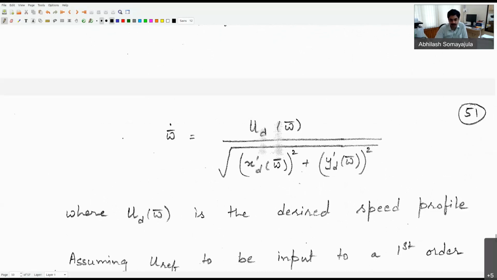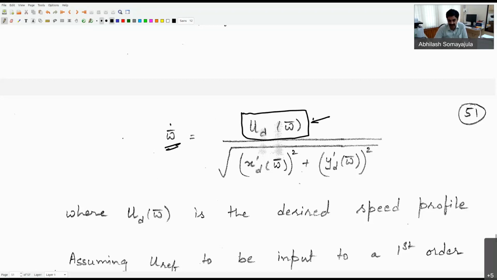We already know that the time derivative of this omega bar will be given by the speed of the vehicle divided by the square root of the derivative of x desired squared plus the derivative of y desired squared. We have seen this formulation before. Notice that what we are saying here is I will specify this u_d of omega differently for different vehicles.